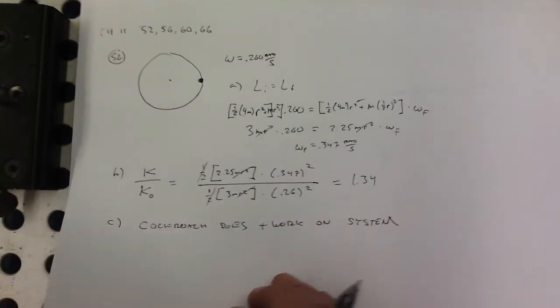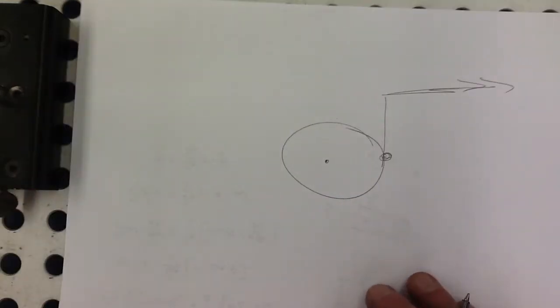Number 56. Let's see what we have. This is the long jumper. So this is really just a matter of figuring out what the angular momentum of the arms are through the common rotational axis.